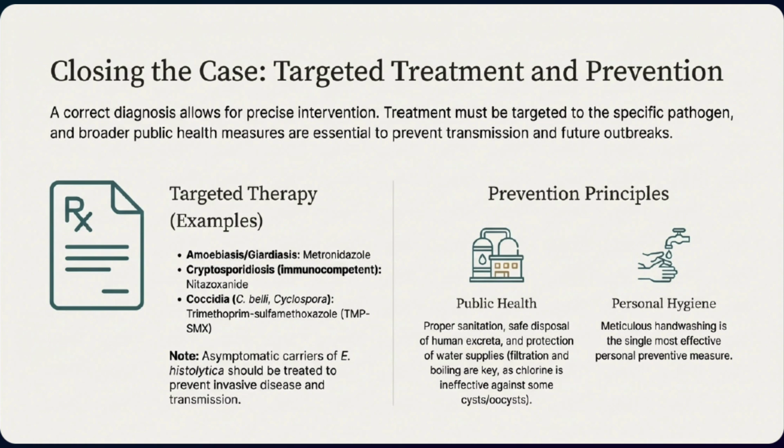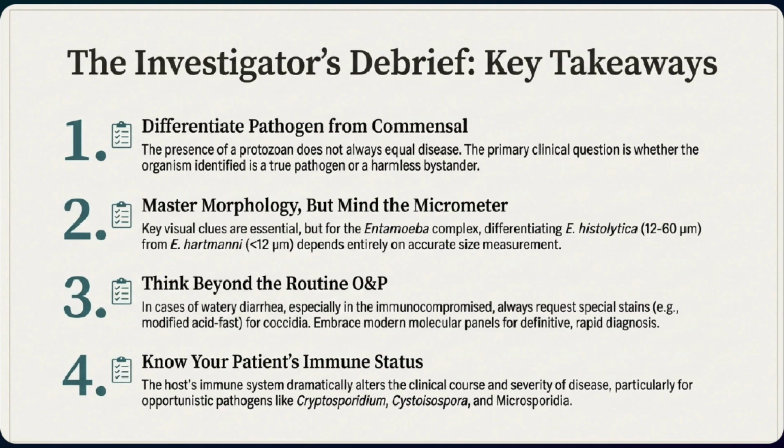Treatment is oftentimes metronidazole or nitazoxanide, and a couple of other antiparasitic treatments. And again, public health measures, cleanliness, avoidance of the fecal-oral route, and personal hygiene are really important to avoid these infections. And I think that's pretty much it for today.